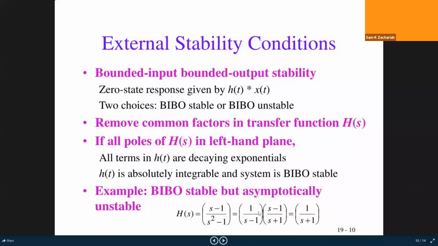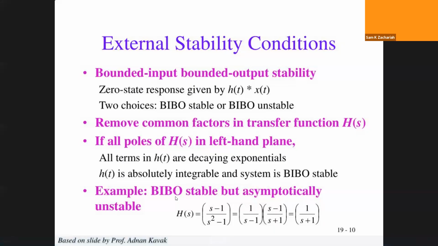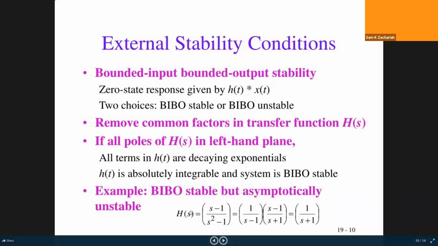But this is an example where, even though it is stable from the bounded input, bounded output point of view, it is an asymptotically unstable system. That is because prior to cancelling, there is an s minus 1 term.